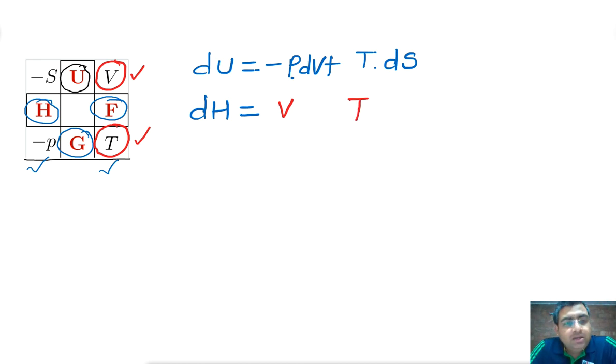Now the opposite element for v is p, so we will write v dp plus, and the opposite element for t is s, so it will be t into ds. So this is how we can derive the second Maxwell equation. Okay, now let us move on to the next one.